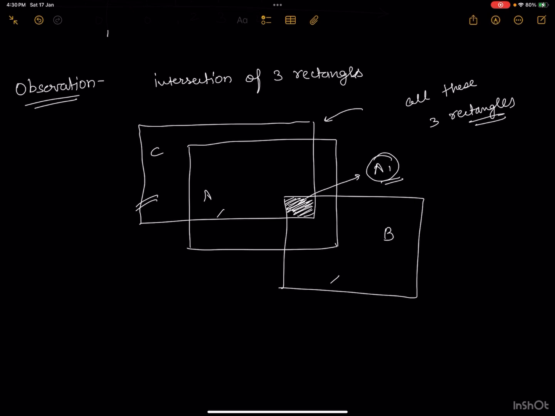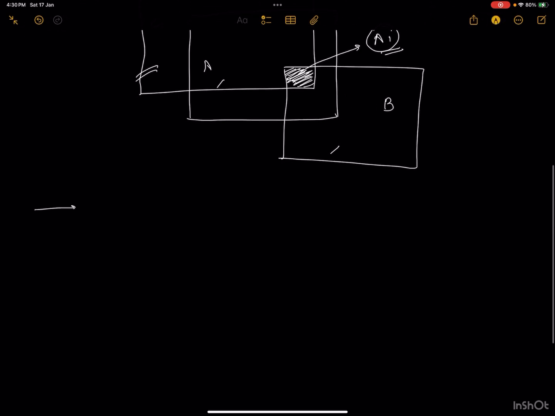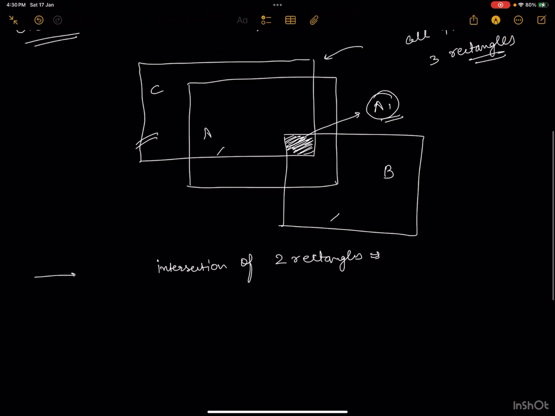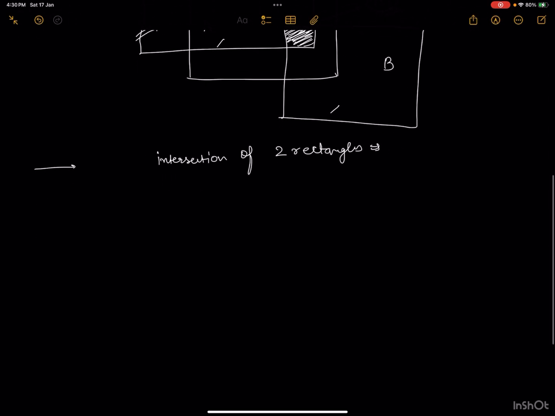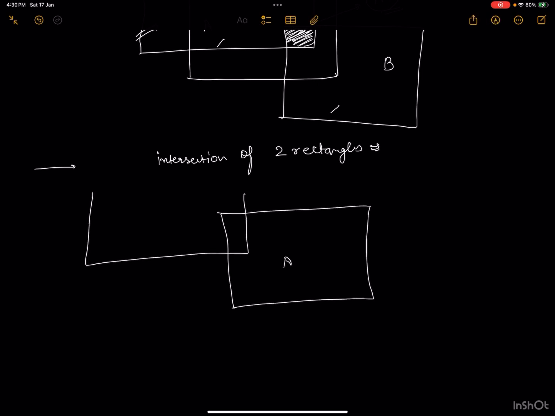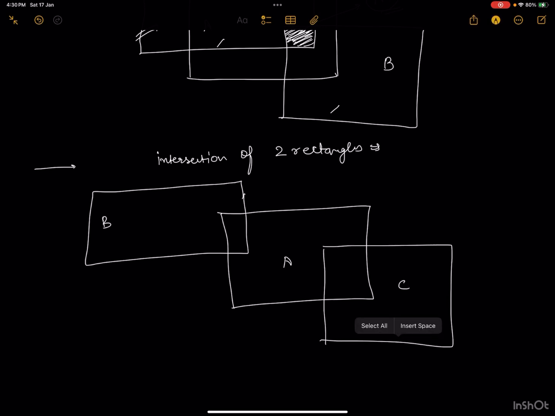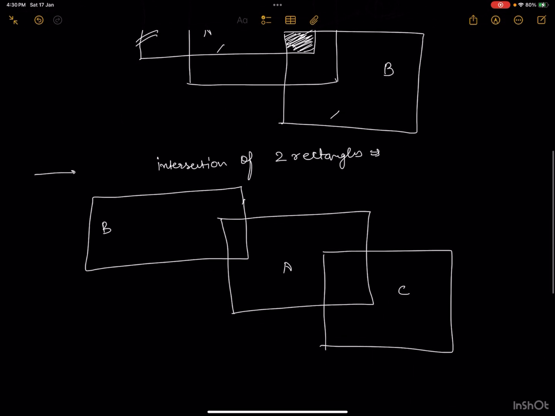Okay, let's go ahead and talk about the intersection of two rectangles. Now let us consider that we have the same rectangles again, A, B, and C. Okay, let's make it again.